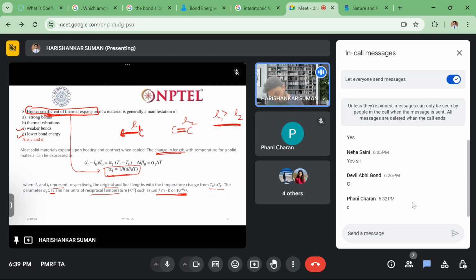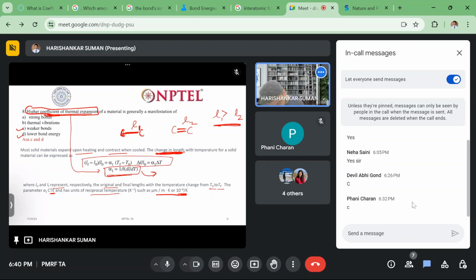Most solids expand on heating and contract when cooled, with a change in length. If alpha is high, then comment about the length, the bond length or material length. Please, what happens to the length if alpha is high?